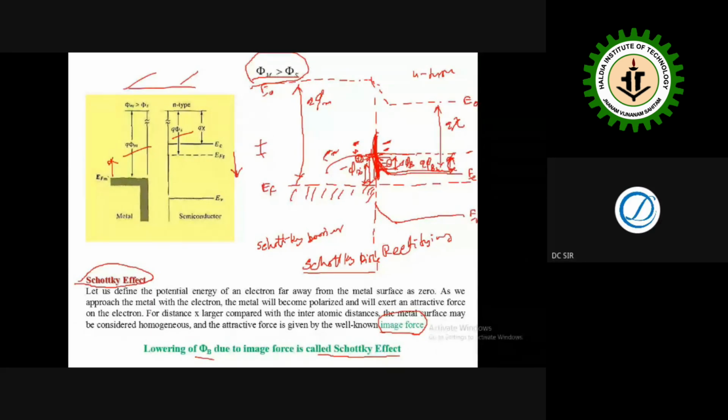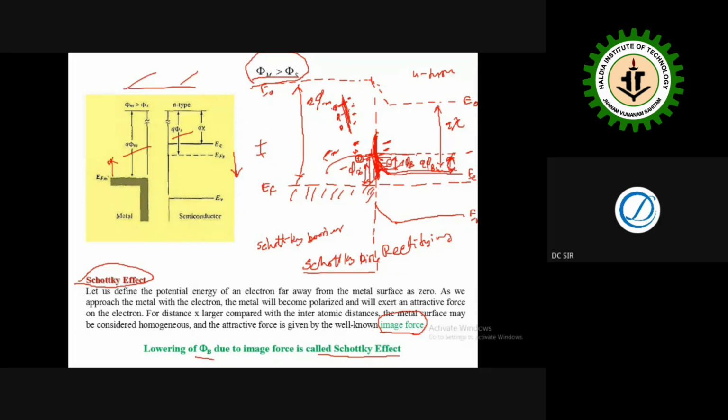So the basic thing is that at the metal surface, if negative charge accumulates, then on the inner side of the metal the positive or opposite polarity charge accumulates. Due to this positive and negative charge, there is a force.